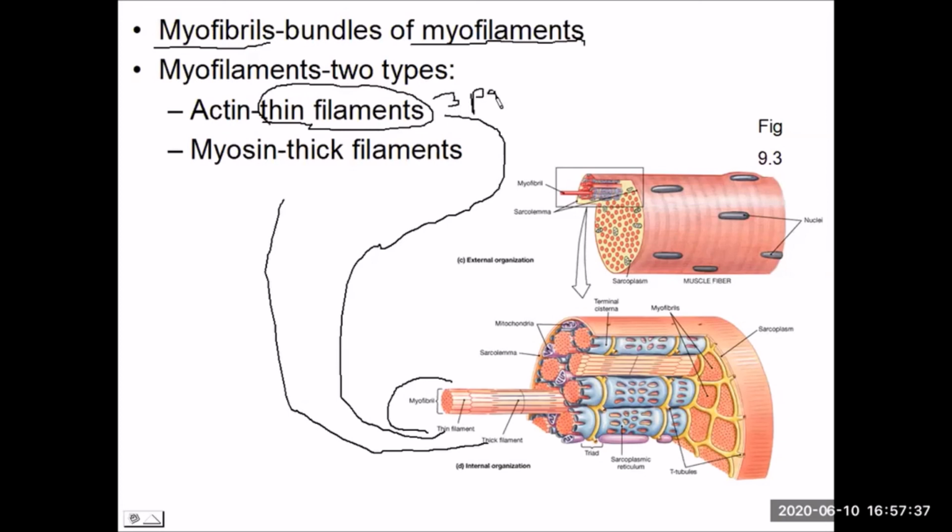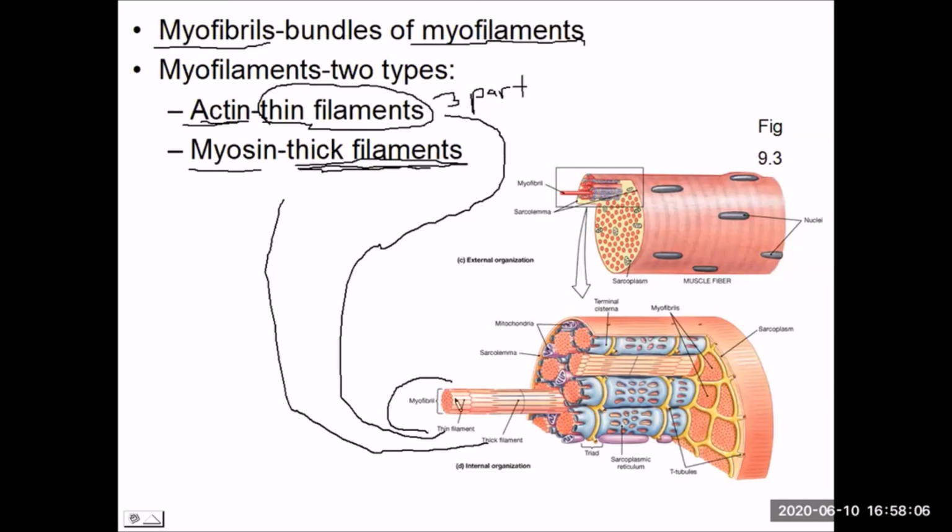The principal structure of the thin filament, however, is a protein known as actin. Whereas now thick filaments, these are now just large bundles of a protein called myosin. And together, these two myofilaments are arranged in a precise manner to make the larger myofibril structure.